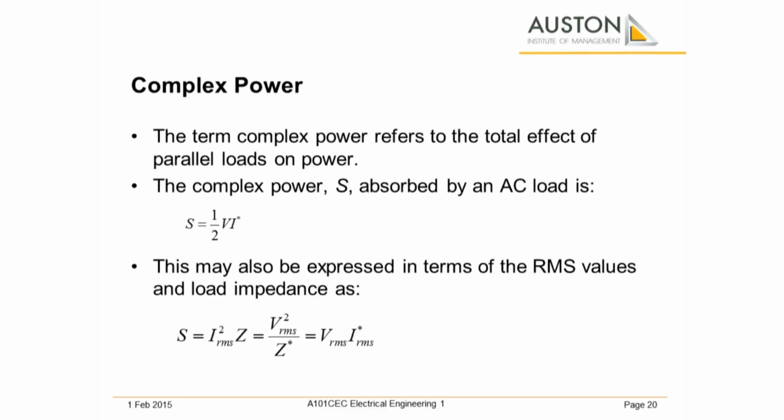The complex power can also be represented in terms of the RMS values and the load impedance. Thus, the complex power S is also equal to I RMS squared multiplied by Z, or V RMS squared divided by the conjugate of the impedance.